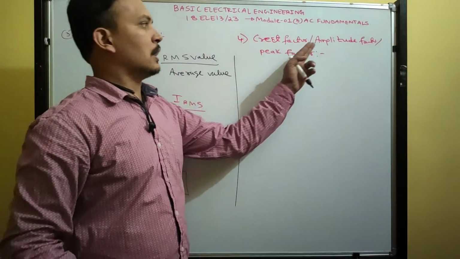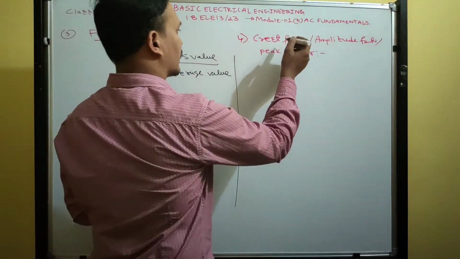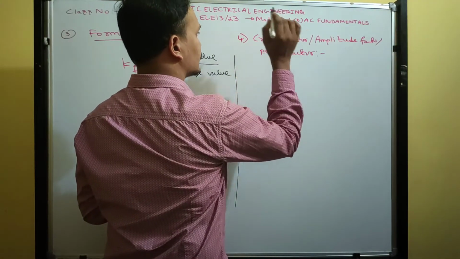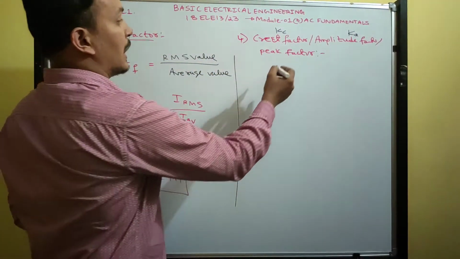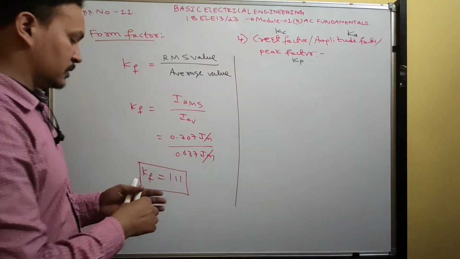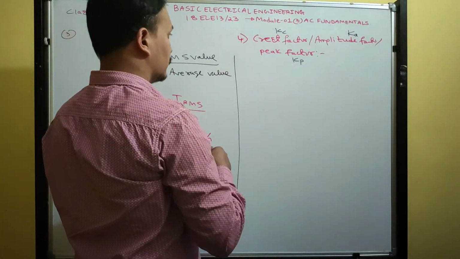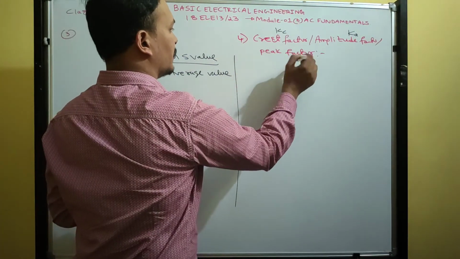Crest factor, amplitude factor or peak factor, all are the same. For crest factor I am using the notation Kc, for amplitude factor Ka, and for peak factor Kp. Now we can define by taking any one of the terms, so I am going to take Kp.